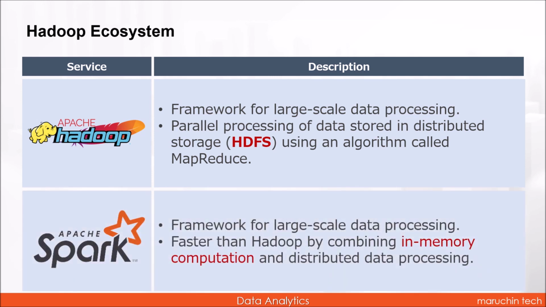Apache Spark is another framework for large-scale data processing, known for being faster than Hadoop. It improves performance by doing the computation in memory and supports batch processing of large datasets, interactive queries, streaming, and machine learning tasks.